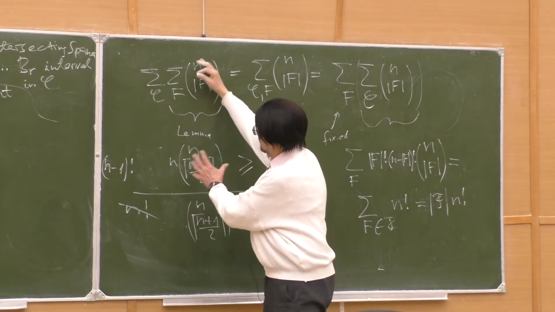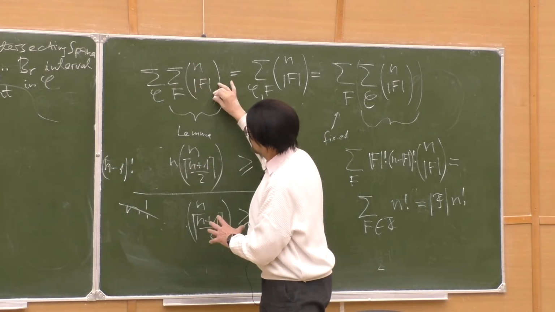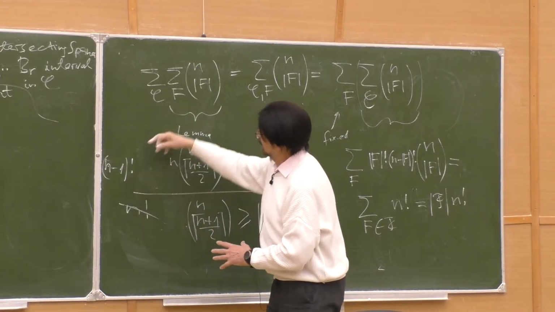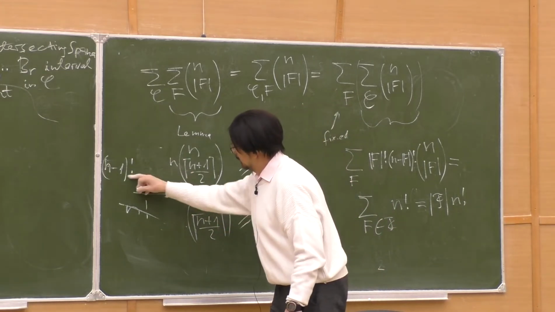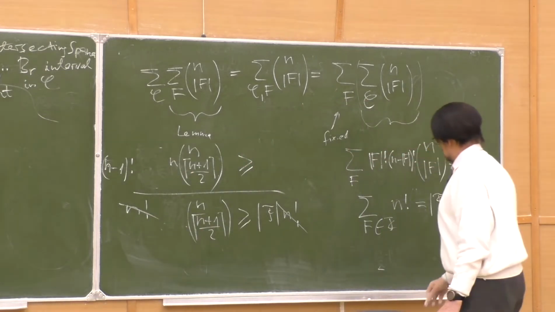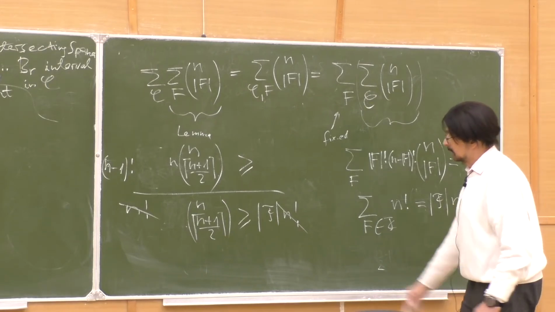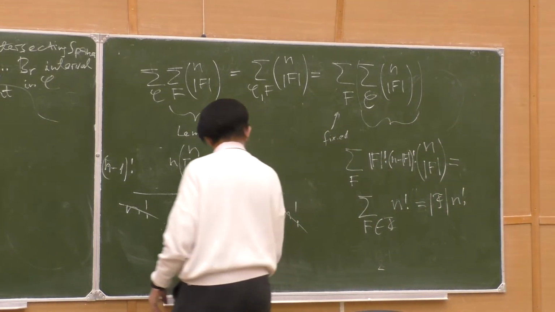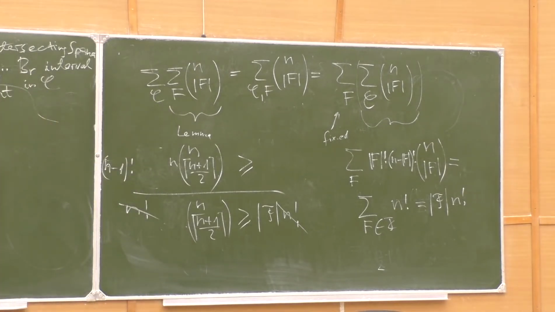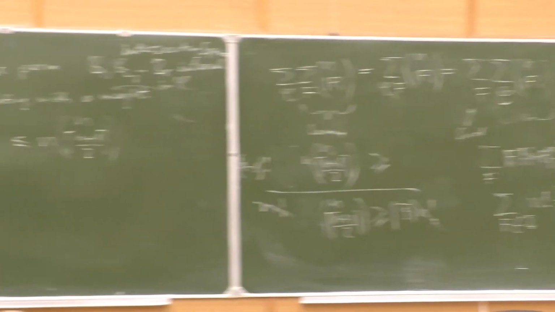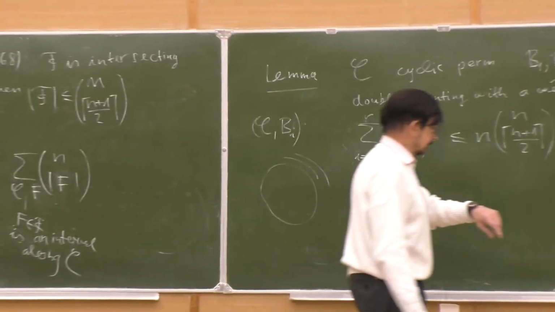Because this was the maximum of this sum, and then this many times we had to take this, and so we obtained n factorial here, and this was n factorial times size of F, and so we obtained that the size of F is at most this one.